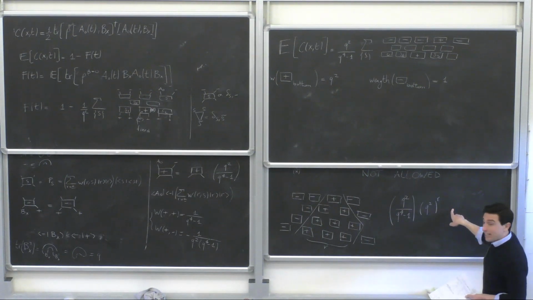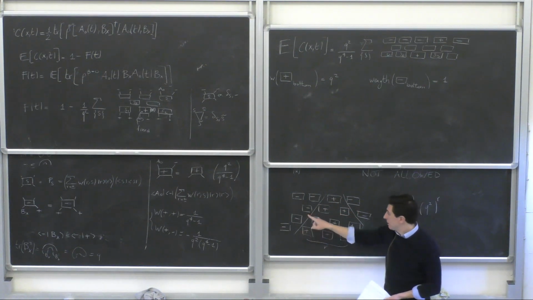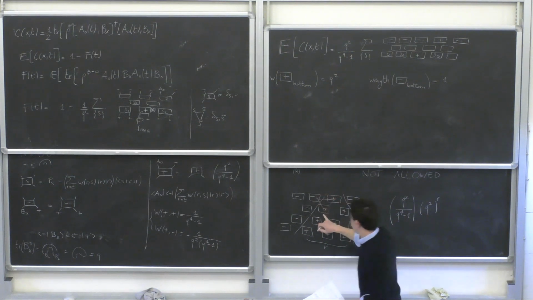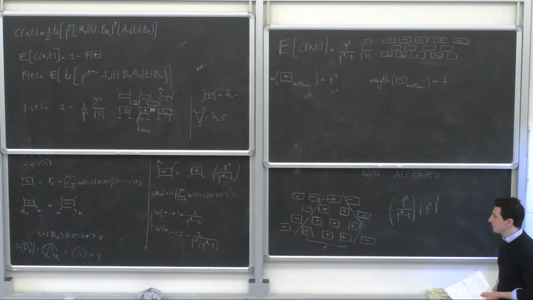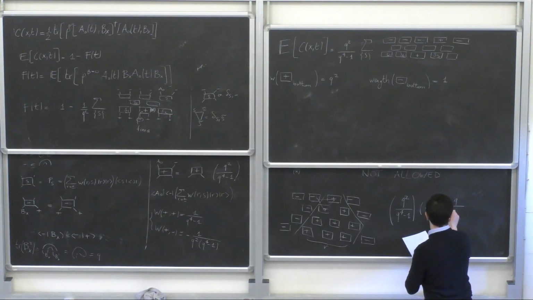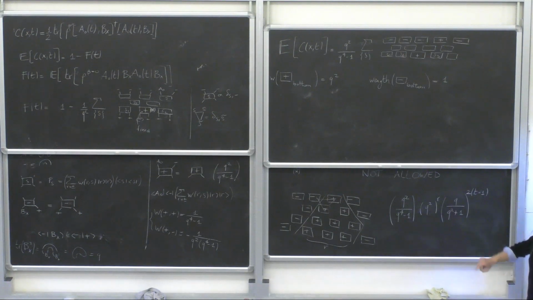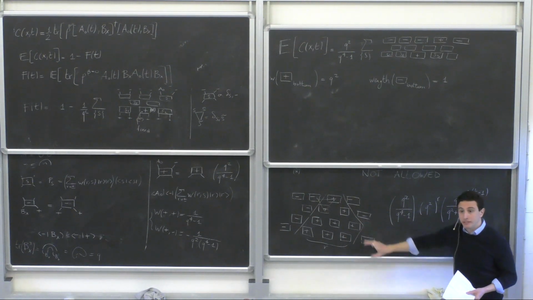Then we will have the weights associated to the bulk domain walls, which we compute assigning the triangular weights, which we saw last time. So this is simply q divided by q squared plus 1, which we multiply to the power 2 times t minus 1. 2, because we have 2 domain walls, and both of them cross t minus 1 links. So this is the final result for the weight associated with this configuration.